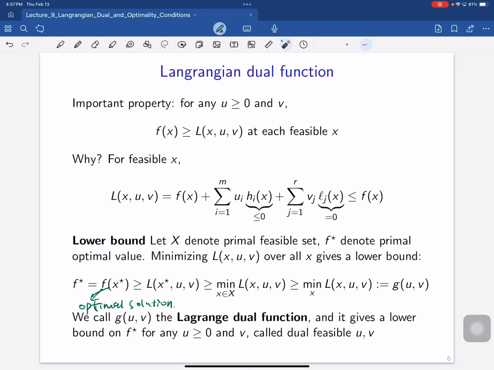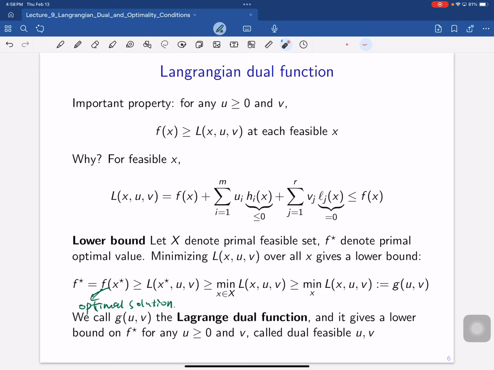The reason is x star is the optimal solution, so since x star is optimal, it must be feasible. Therefore, at x star, we have h_i of x less than or equal to 0, and l_j of x equals 0. And u is greater than or equal to 0 by construction. Therefore, all these terms should be less than or equal to 0 at the optimal solution. Okay, that's why this first inequality holds.